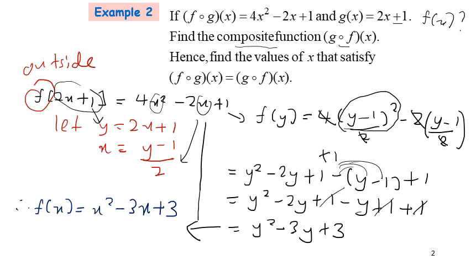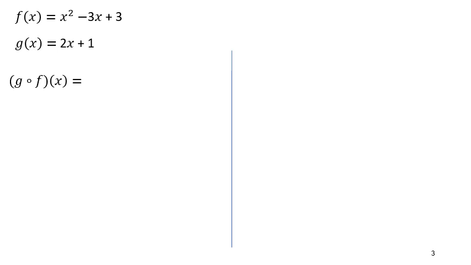So later, after you find this function f, we can use it to find the composite function gf. I'll show you the composite function on the next slide. Right, so this is the answer that we got before. There is function f. The question already gives function g.